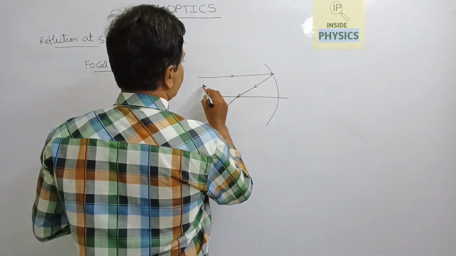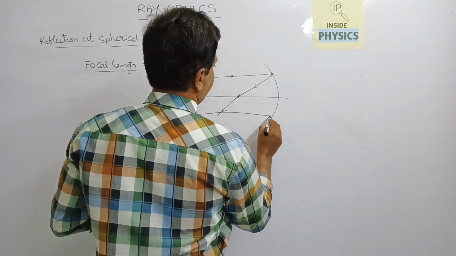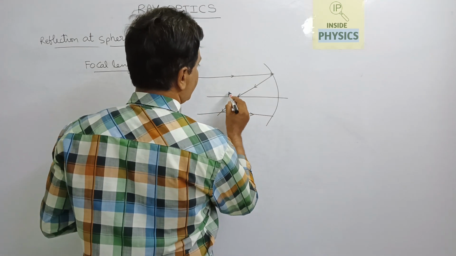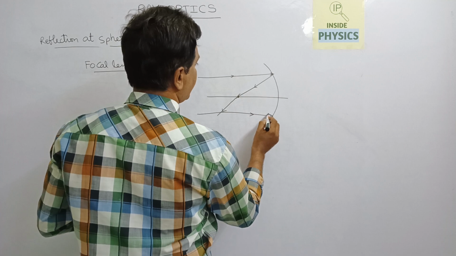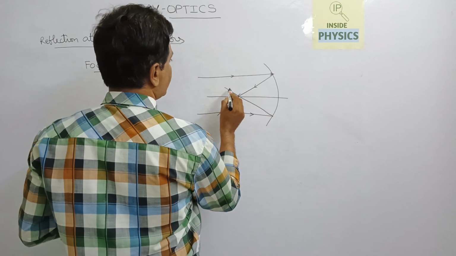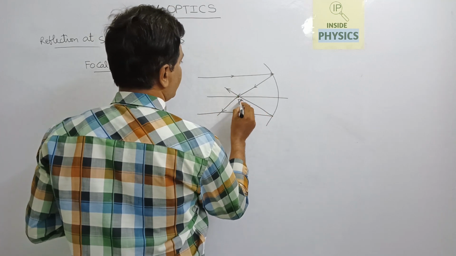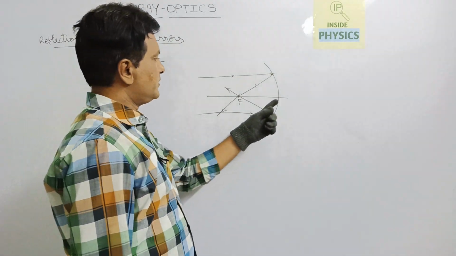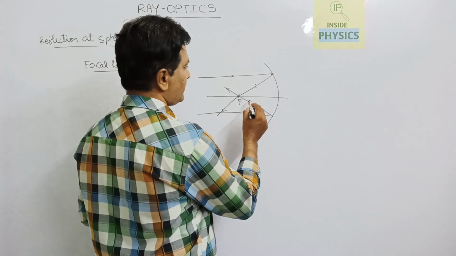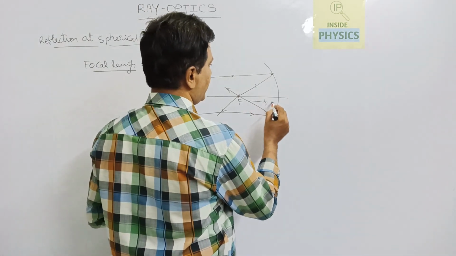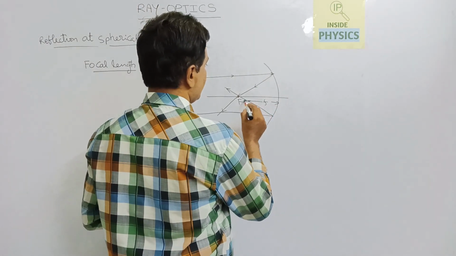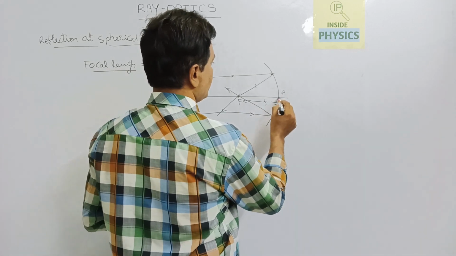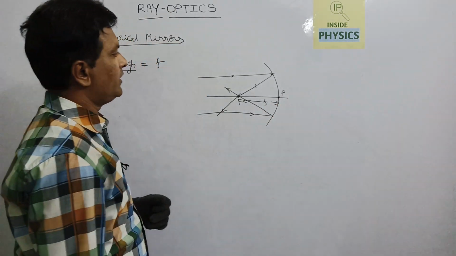Okay, whenever a light ray is incident parallel to the principal axis, it will be reflecting back and passing through a fixed point F called the focus of the spherical mirror, and this length is called the focal length. The distance from the pole is called the focal length.